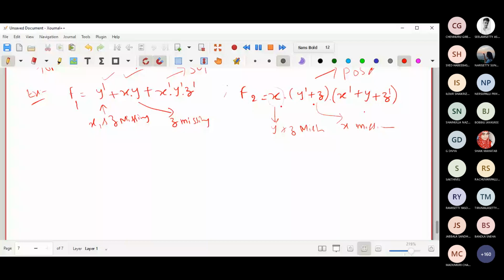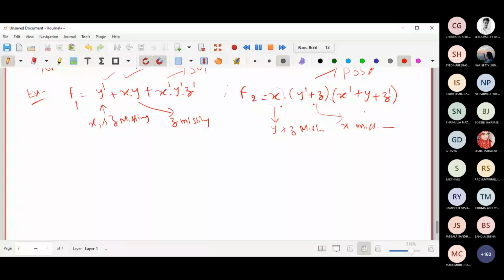Clear? That is also very important, the logic circuit diagram for a given Boolean function. So this is the thing here, standard forms and canonical form.